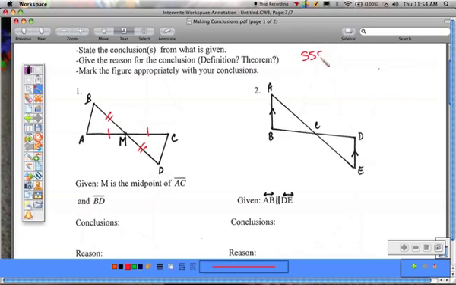So side, side, side, side, angle, side, angle, or side, angle, angle. All right, so this one right here, we know vertical angles are congruent. So we would say the conclusion is triangle BMA is congruent to triangle DMC. So name them in the corresponding order. The reason would be side, angle, side.